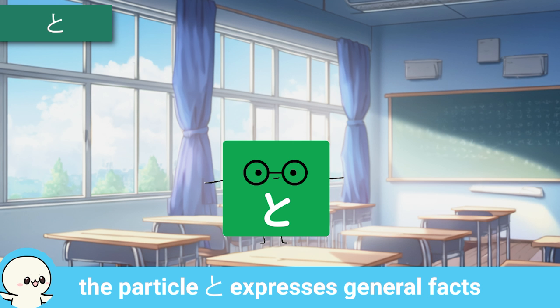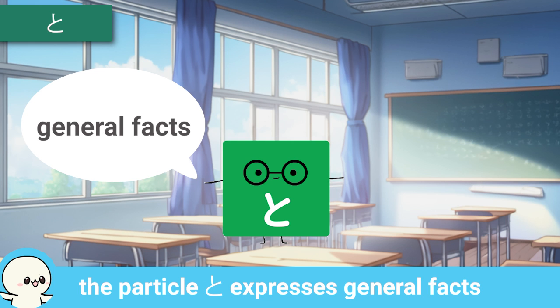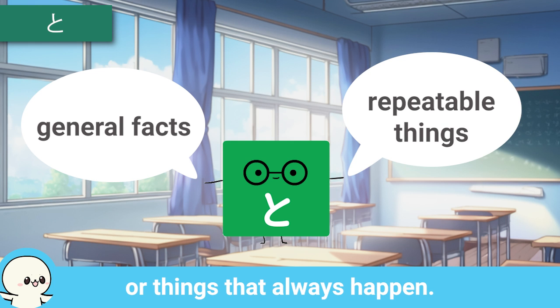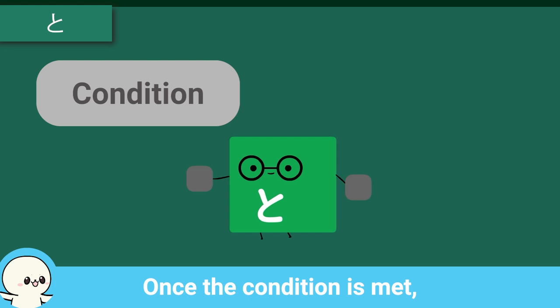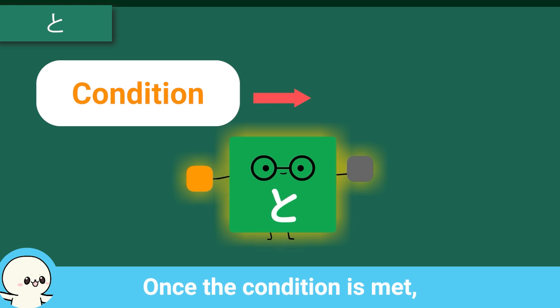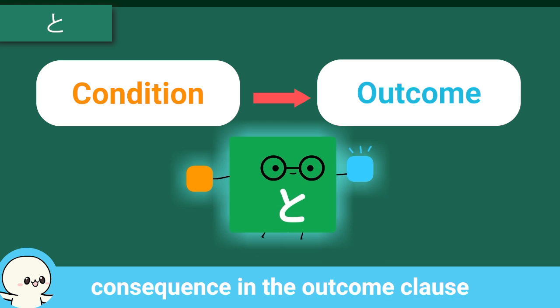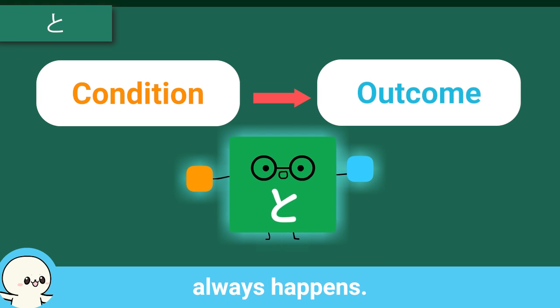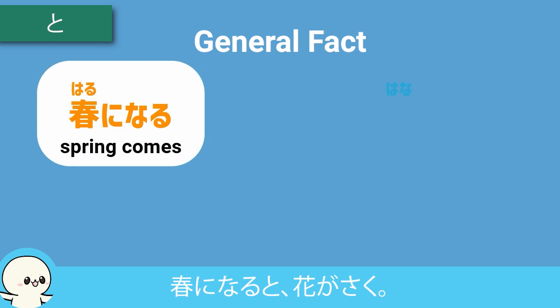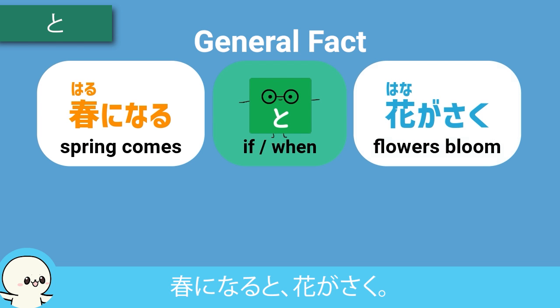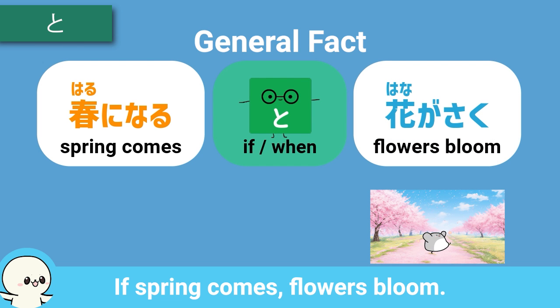The particle と expresses general facts or things that always happen. Once the condition is met, consequence in the outcome clause always happens. 春になると花が咲く. If spring comes, flowers bloom.